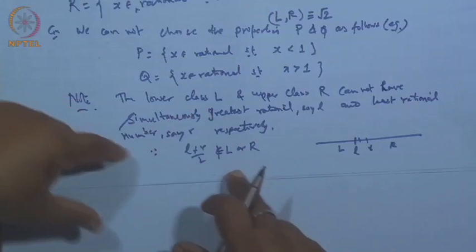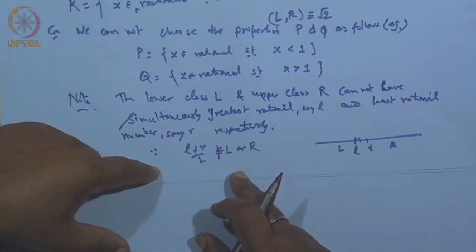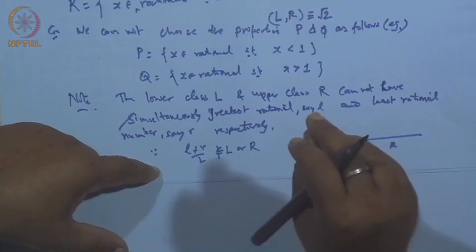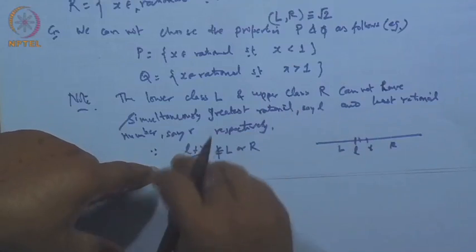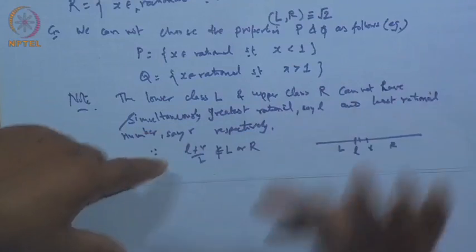We are not able to adjust all the rational numbers in one of the classes, is it not? Some rational numbers are out. So, this way the division is not permissible. That is why we cannot have a property like this, which leaves many rational numbers without putting them in either R or L. Is it okay? Clear. So, this is one.